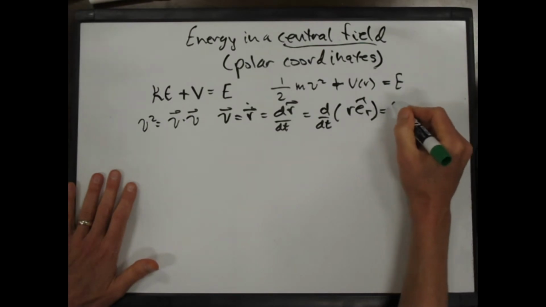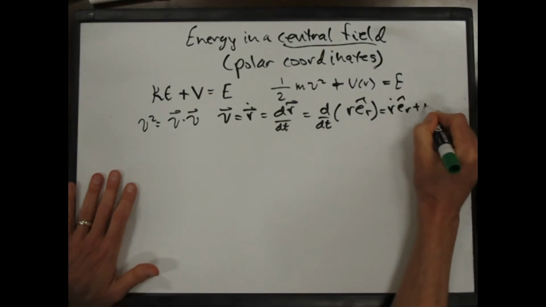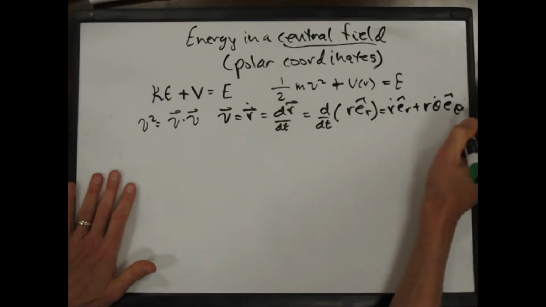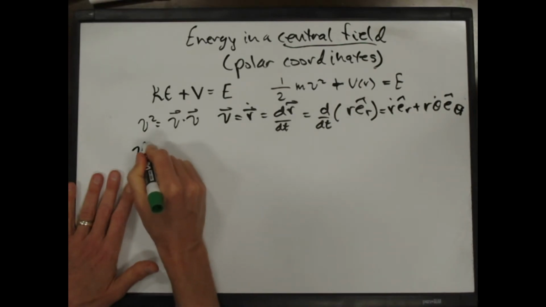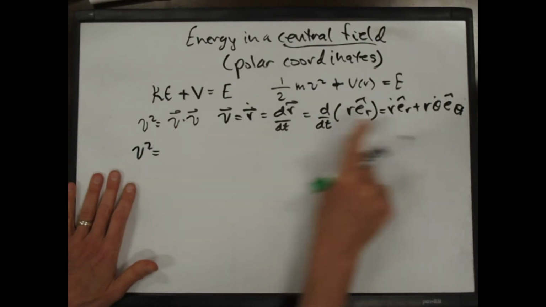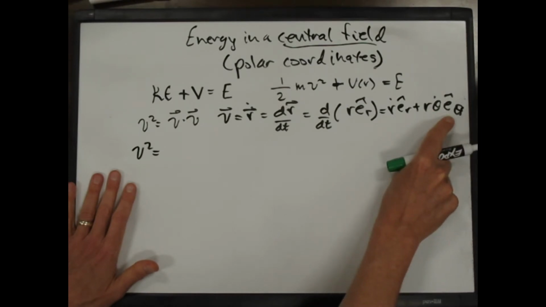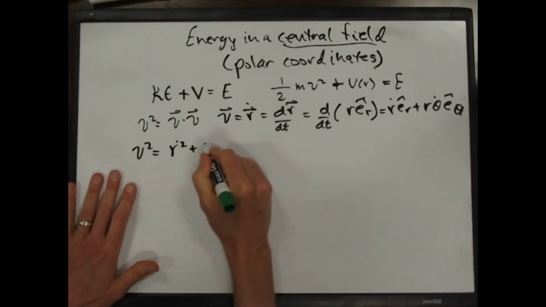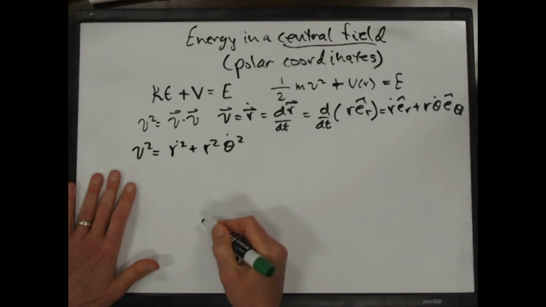That's equal to r dot e hat r plus r theta dot e hat theta. And that's my velocity. And so v squared is just the dot product of this thing with itself. Since e hat r and e hat theta are perpendicular, I get r dot squared plus r squared theta dot squared.